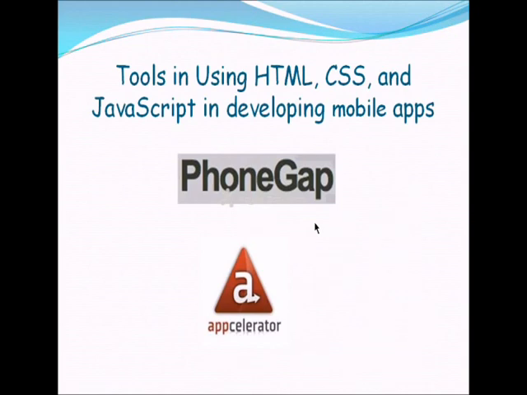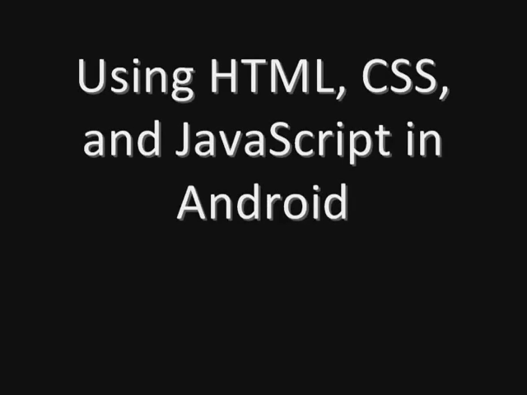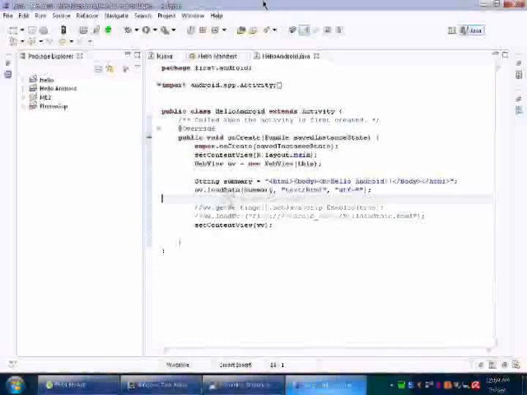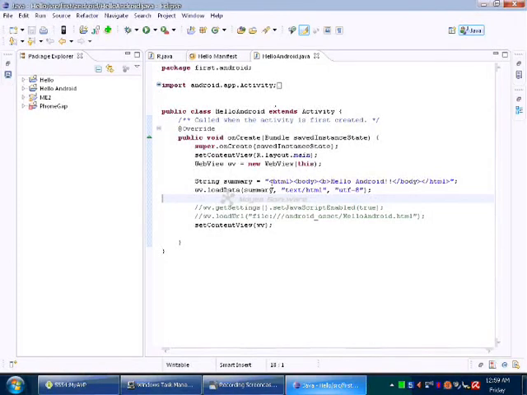Tools in using HTML, CSS, and JavaScript in developing mobile apps. These two tools were discussed by Janelle in her report. So the example of our code using HTML, CSS, and JavaScript in Android. First, using HTML.